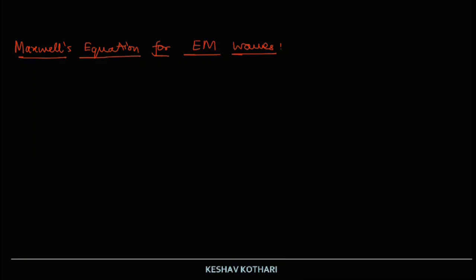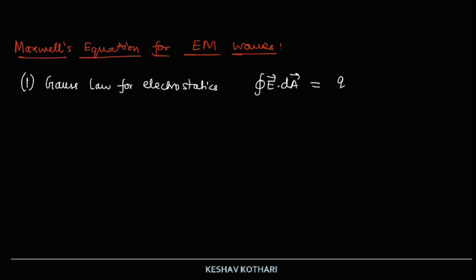The first one is the Gauss law of electrostatics, where we write that the cyclic integral of E dot dA is equal to the charge enclosed inside the Gaussian surface by epsilon naught. So this is for the electric flux, which is equal to cyclic integral of E dot dA is equal to charge enclosed inside the Gaussian surface divided by epsilon naught.